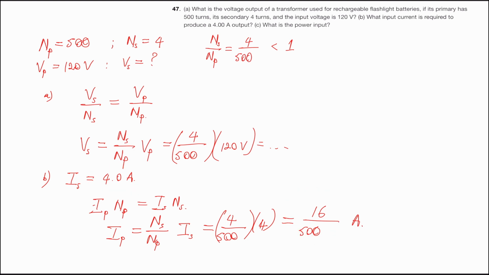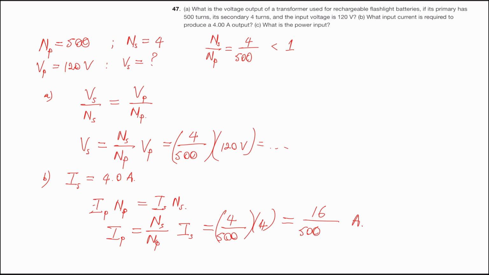So step-down transformers, again, I would like to emphasize, we're not making energy or getting voltages out of nowhere. It's always a trade-off. When we step down voltage, it means we're amplifying current. When we step up voltage, it means we are reducing the current. Okay, I will stop here, we have part C.